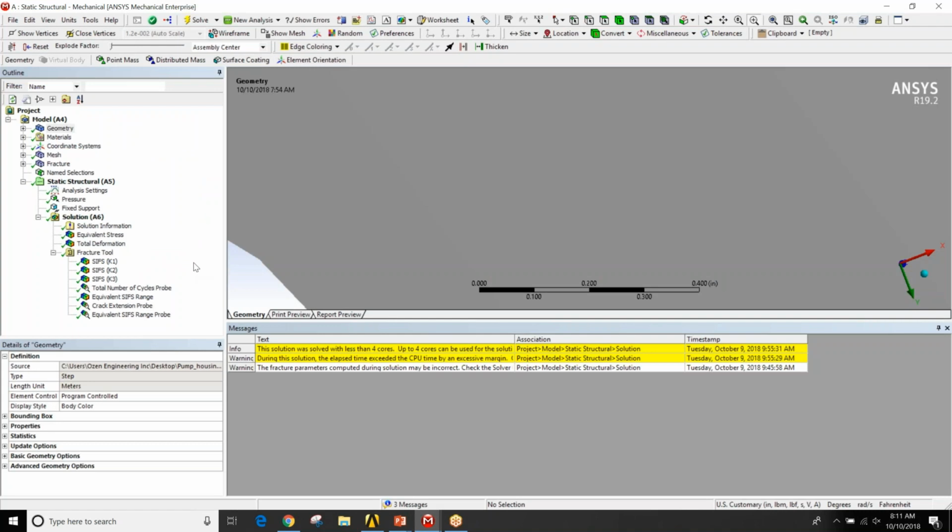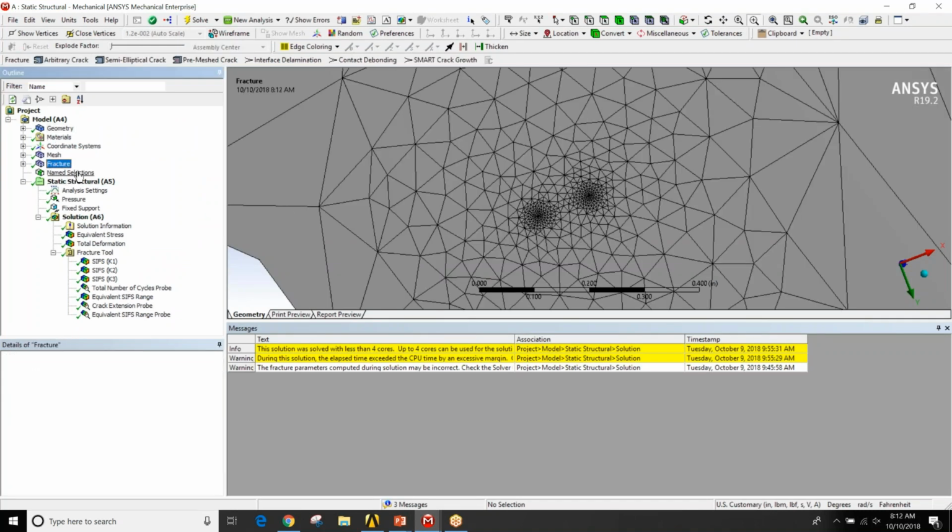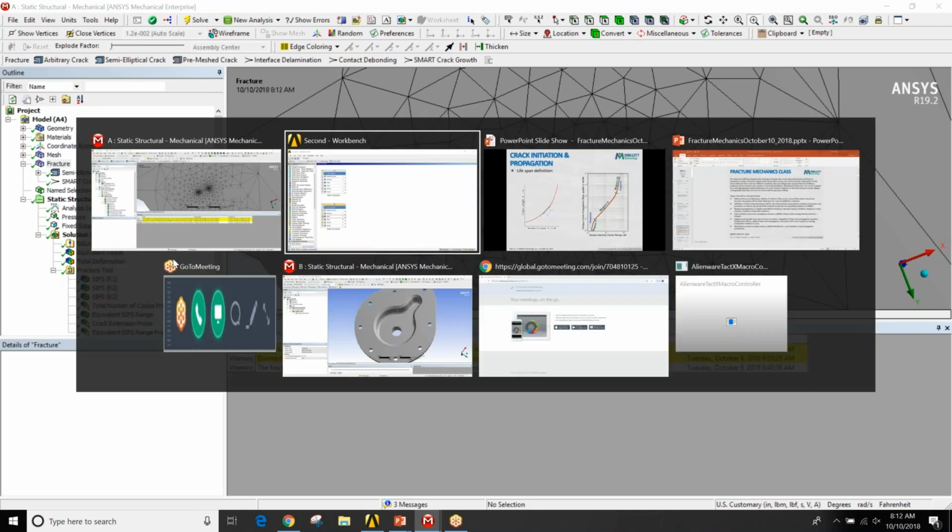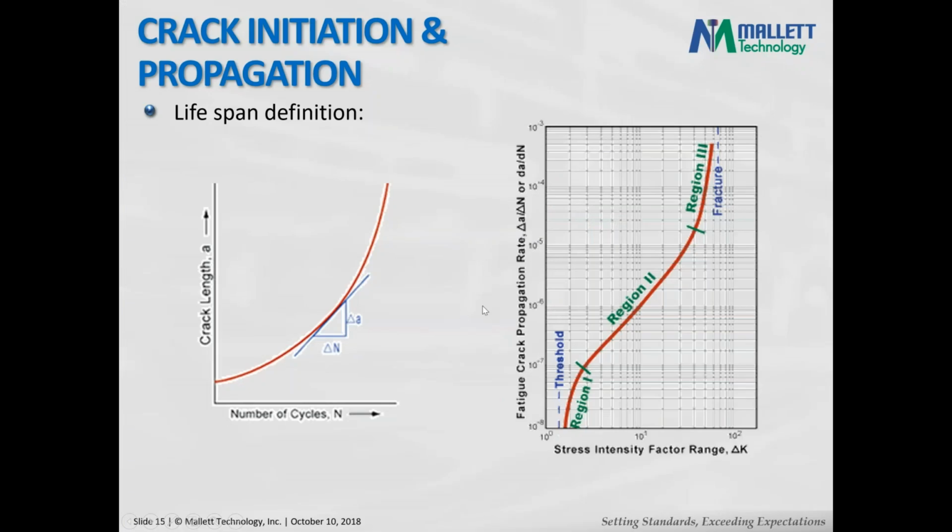One is already set up, and I'd like to show you how you would set up a fracture, how you would create a crack, and also how you would simulate the growth of that crack. I'd like to take you through that, but first I'd like to talk about a little bit of the background so that you understand how things fit in Workbench.